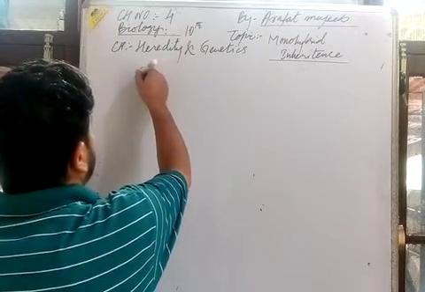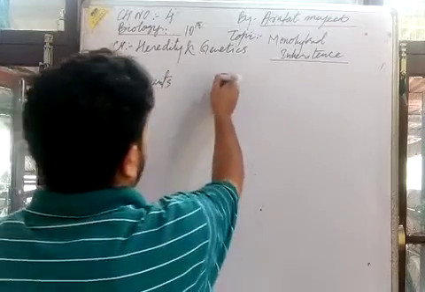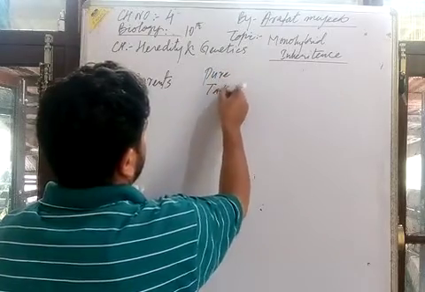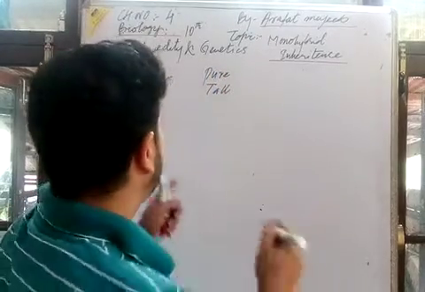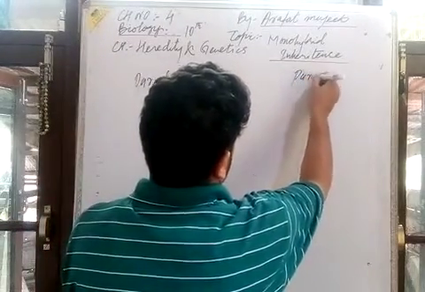He took two parents. One parent is pure tall, and another parent is pure dwarf.